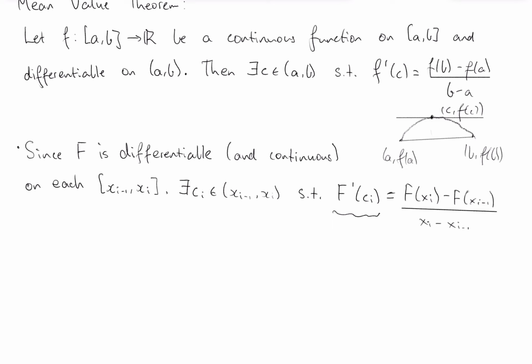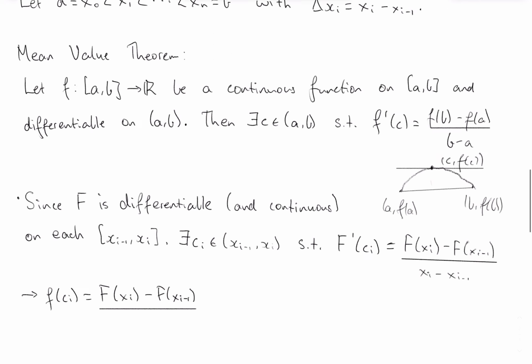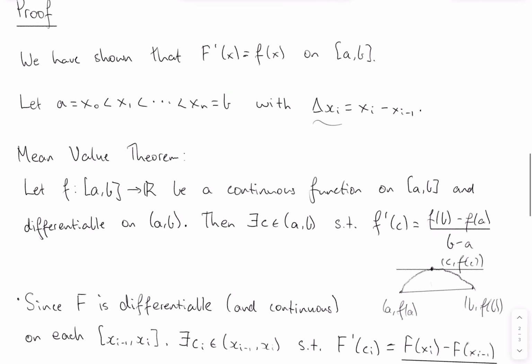So this is from earlier, f of ci, little f of ci, equals f of xi minus f of xi minus 1 all over. So instead of writing this out, the way we've defined it before is it's just the change in xi.